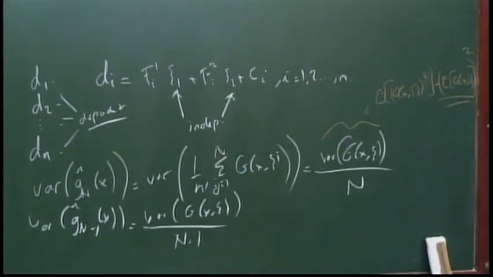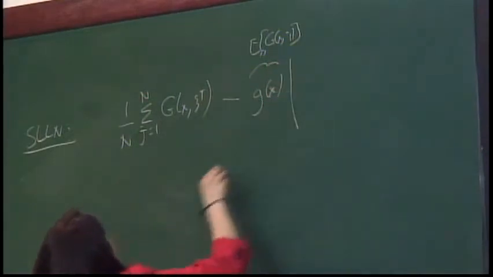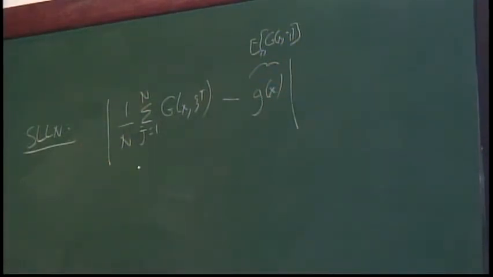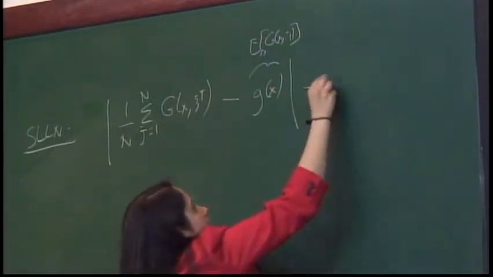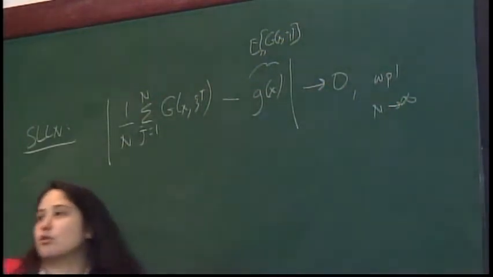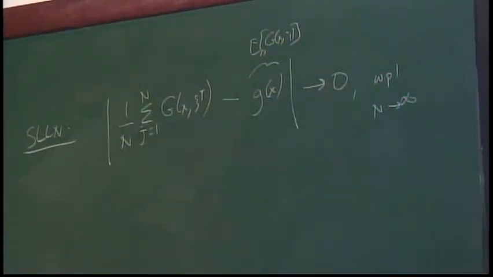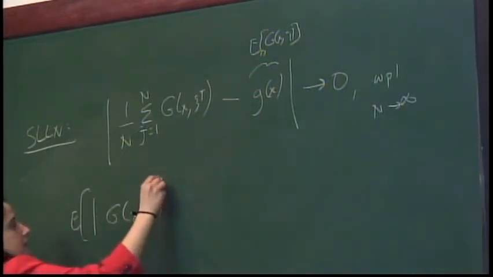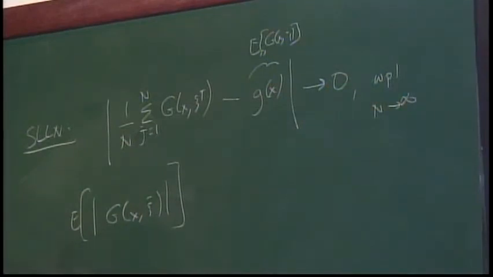As the sample size increases, this goes to 0 with probability 1 as n goes to infinity. That's the strong law of large numbers: sample means converge to the expected values. In the IID case, you need obviously well-defined and finite expectations, so you need the first absolute moment to be finite. Under this condition, you're going to get something like this for IID sampling. This is for a fixed x.